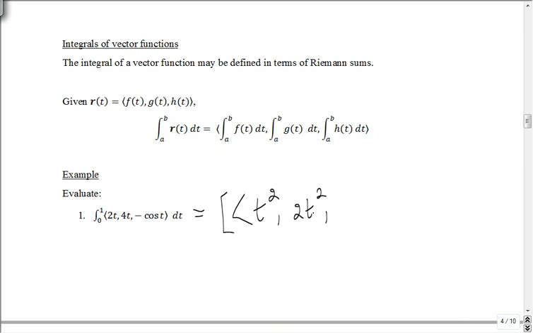What is the integral of minus cosine t? Minus sine t. Beautiful. And that goes from 0 to 1. So the first component you get when you substitute 1 is 1, then 2, and I'll just put this as minus sine of 1 and leave it like that.